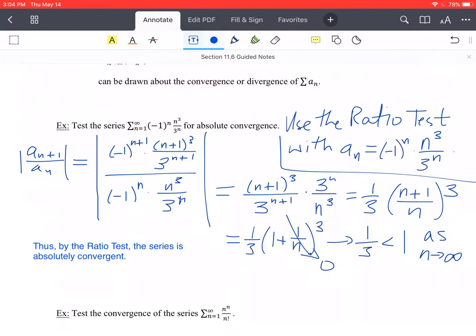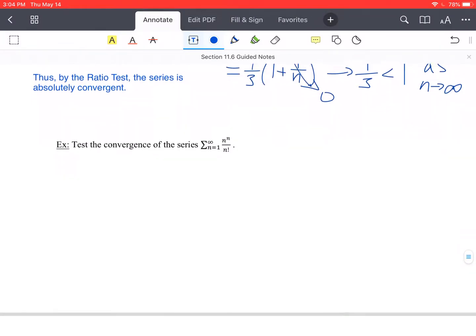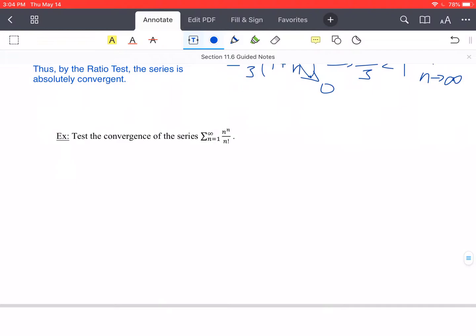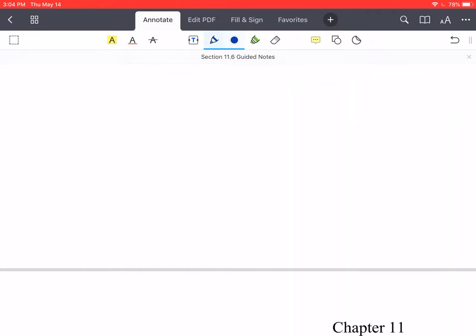Alright, let's look at another one. Test the convergence of this series: n to the n over n factorial. Really interesting functions here. First off, let's notice something that's going to make our work a little bit easier. Our series n to the n over n factorial, n is going from 1 to infinity, so n is always positive, so this series is positive for all n.